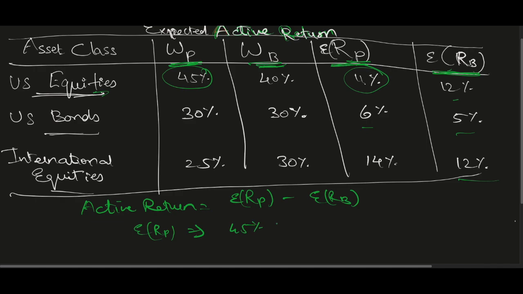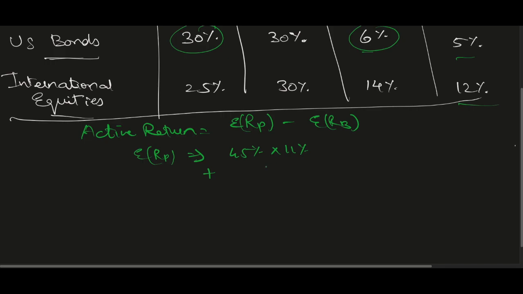So therefore, for expected return of the portfolio, it will be 45% into 11%, plus this is the weight 30% and 6%. So 30% into 6% plus 25% into 14%. So this comes to 4.95%.